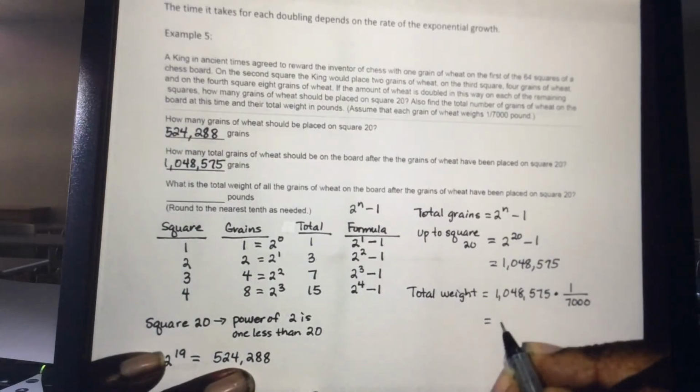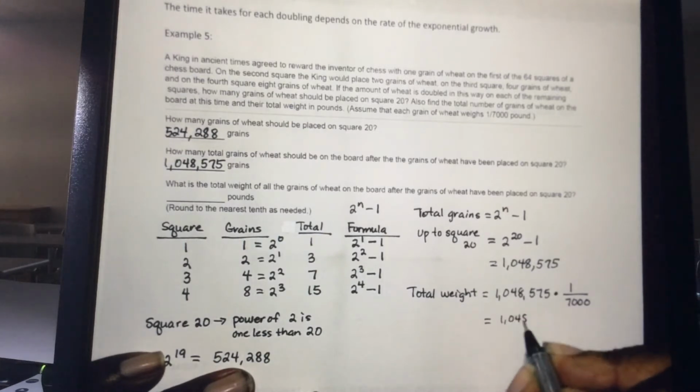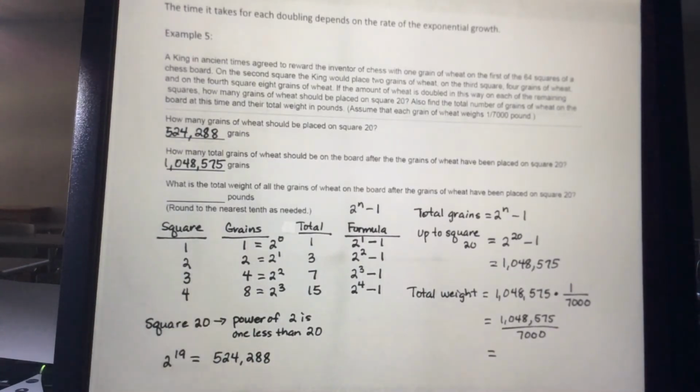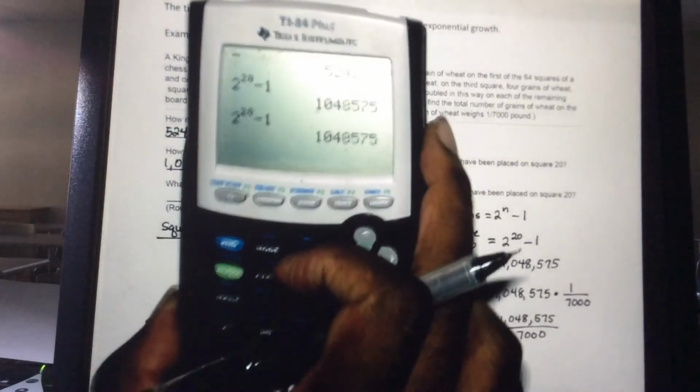So that means I have to do 1,048,575 divided by 7,000. And we're going to round to the nearest tenth, or to 1 decimal place.